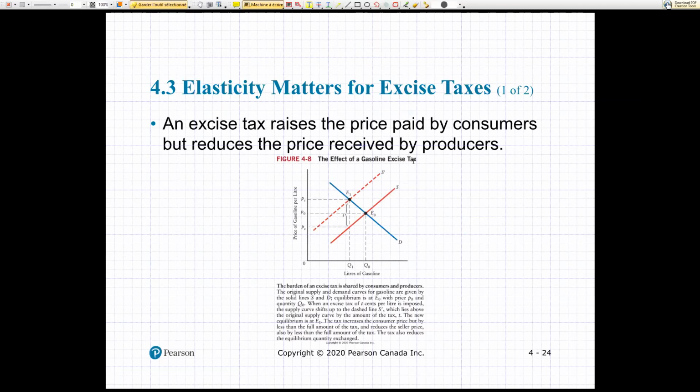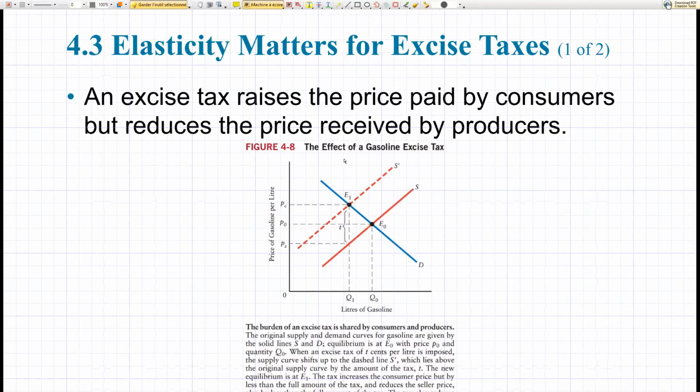All right, so here, the tax paid by producers. How do I see that? Well, this was the old market equilibrium.